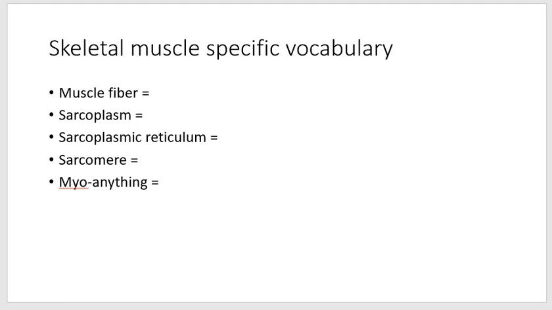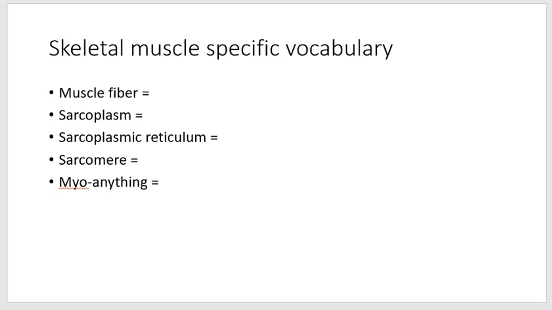There's a lot of specific vocabulary that deals with muscle cells or muscle fibers because they're unique. They're different from a lot of your other cells. So they are electrically active. Their major function is to contract to get shorter, and that makes it really different from like a hepatocyte or a liver cell.